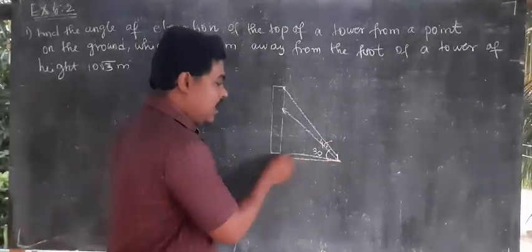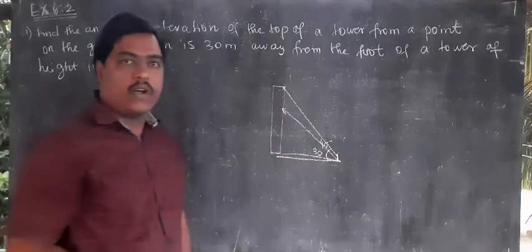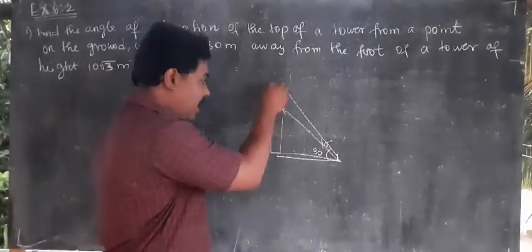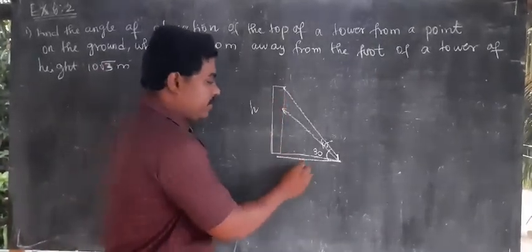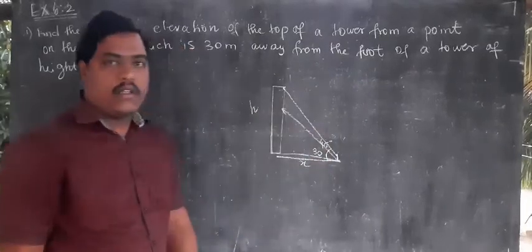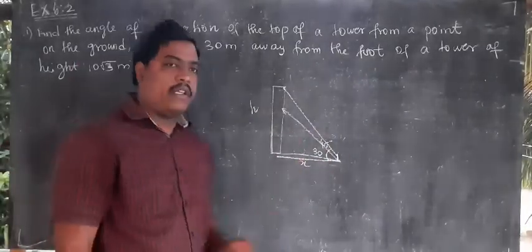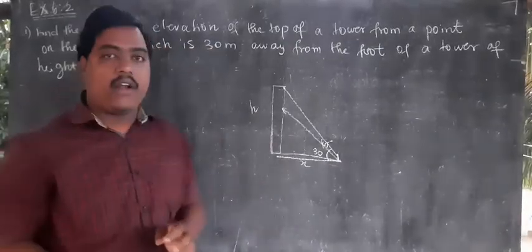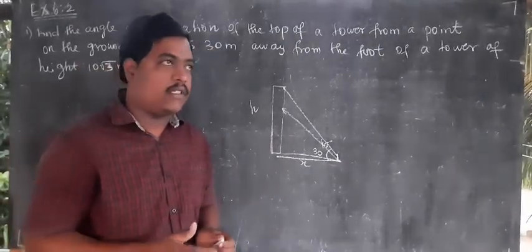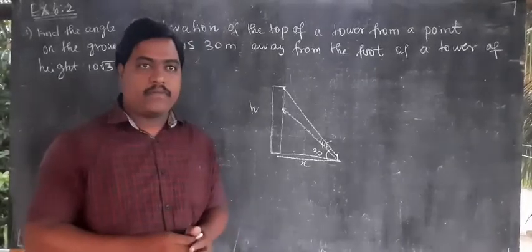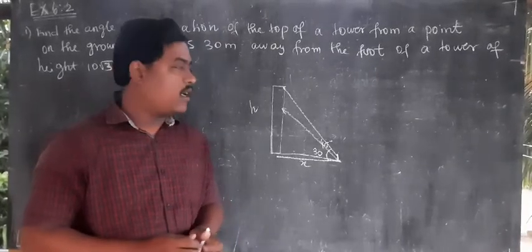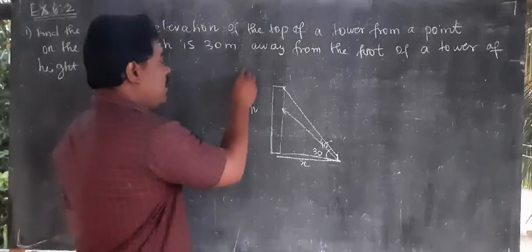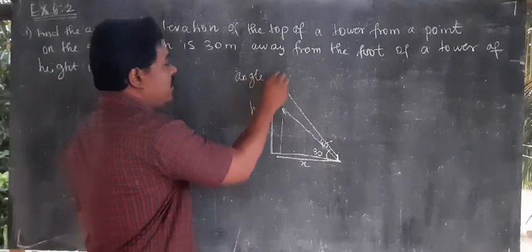What is the distance between you and the building? What is the height of the building? This one we are finding. Here we are dealing with angle of elevation. Angle of elevation means we are seeing the upper side, upper location. Clear?